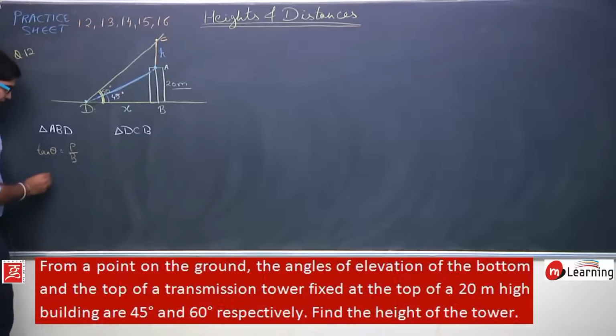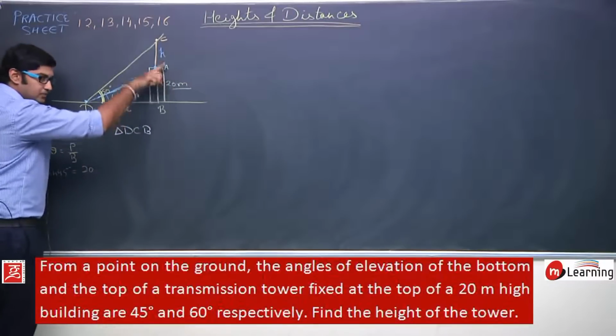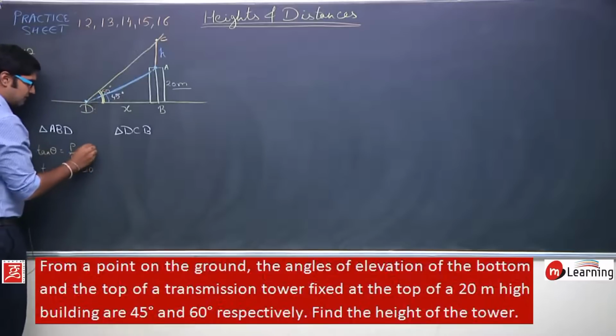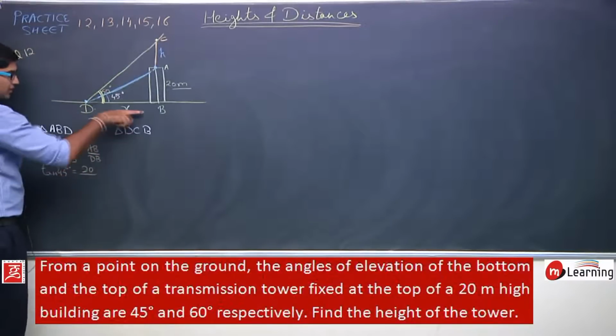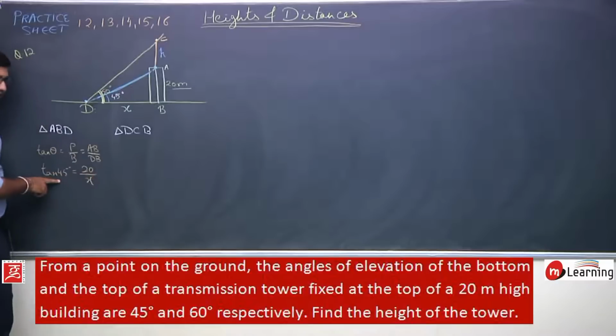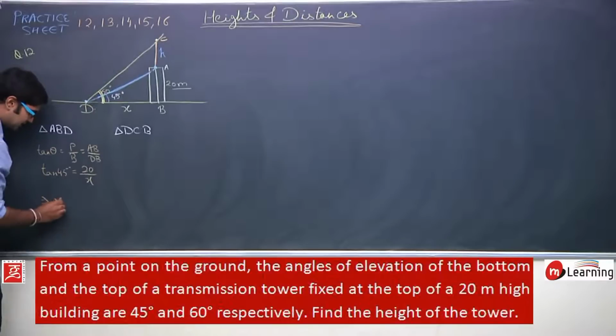So tan 45 degree is equals to perpendicular is 20 meters. I can write the value of AB, okay, this is AB upon DB. So 20 meters upon DB is X. Now tan 45 is 1. So from here you will get X is equals to 20 meters.